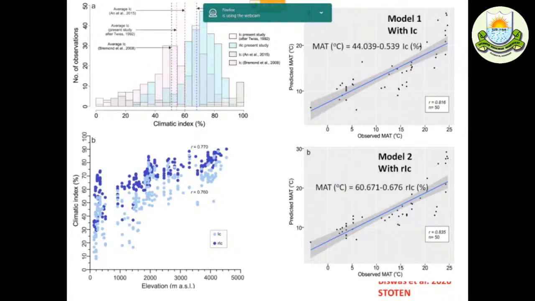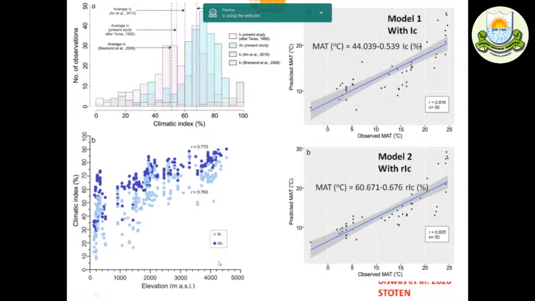IC varied from 0 to about 99. But in the Himalaya, it is not varying like this. It is quite high, starting from about 25 and varying up to around 92 or 93. So the variability is less in the Himalaya compared to the southern Himalaya, the Tibetan Plateau and Eastern Africa.